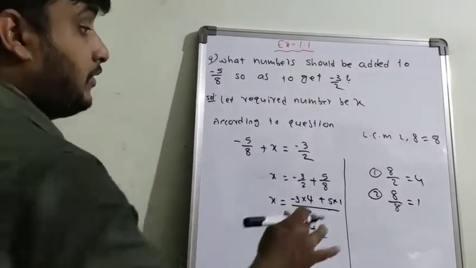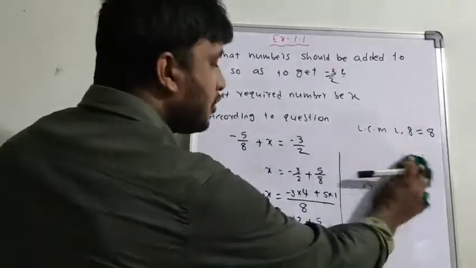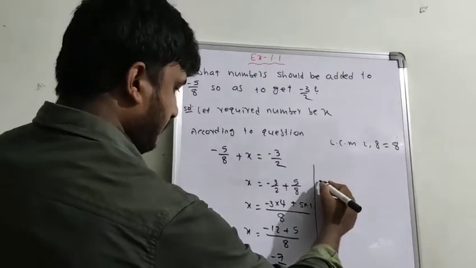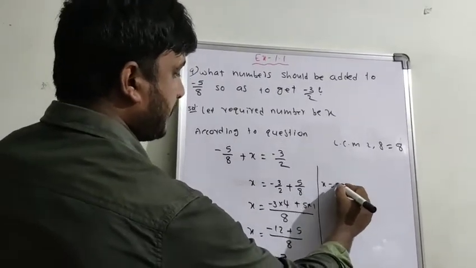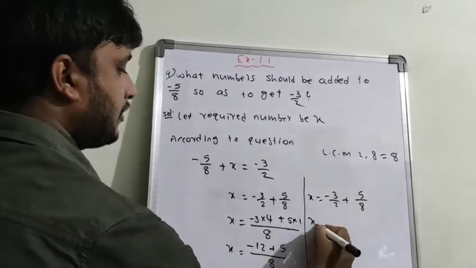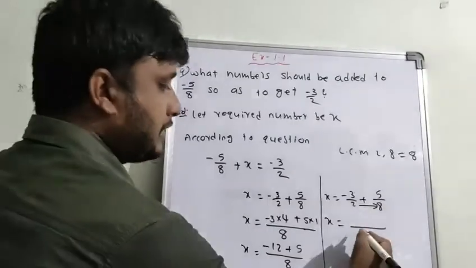I will explain this addition and subtraction in another method, the cross multiplication method. Second method: x equals minus 3 by 2 plus 5 by 8. First multiply the two denominators: 2 8s are 16.